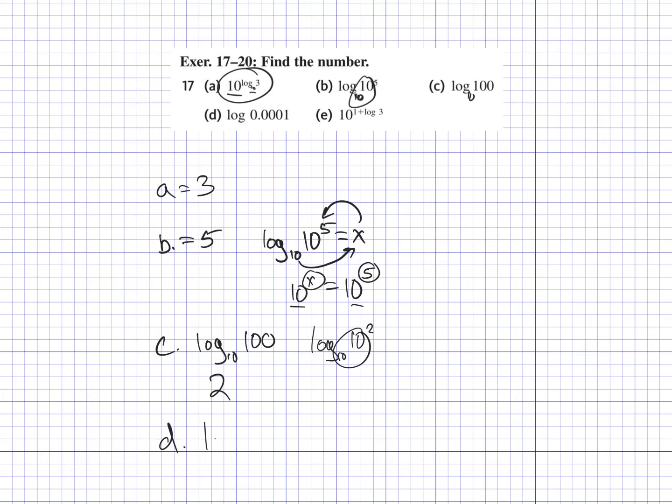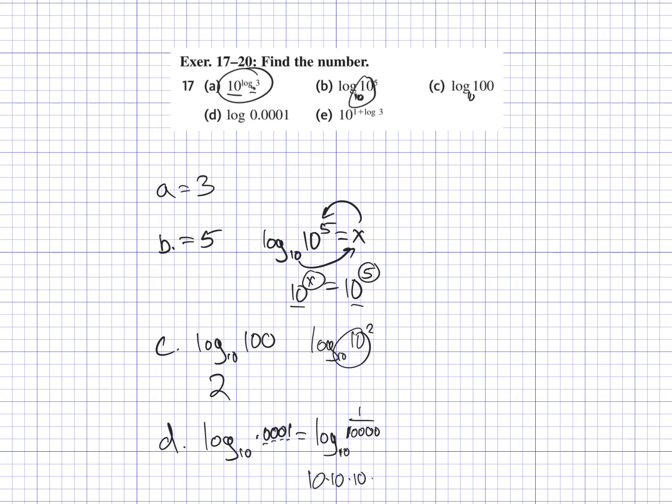D, log base 10 of 0.0001. Well, what's 0.0001? Let's rewrite it. Tenths, hundredths, thousandths, ten-thousandths. So it's 1 over 10,000. 10 times 10 is 100.